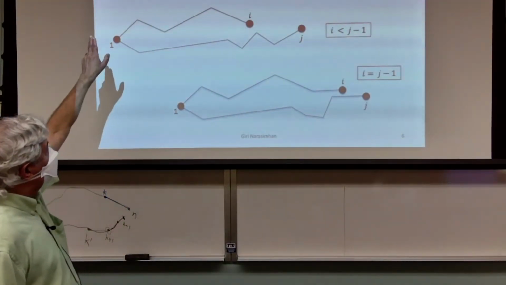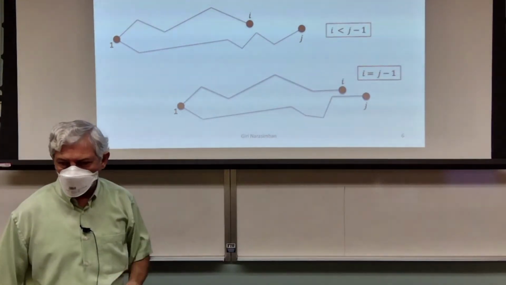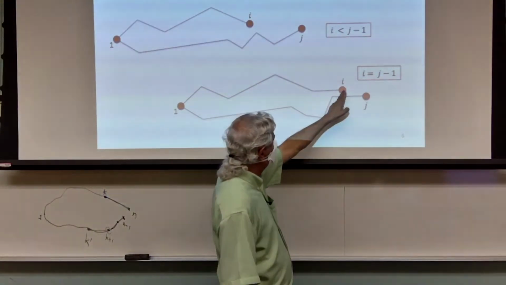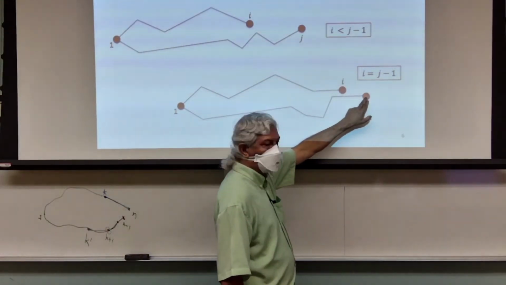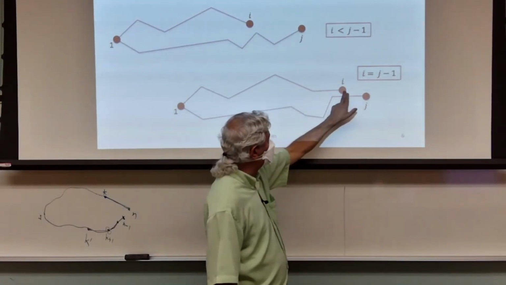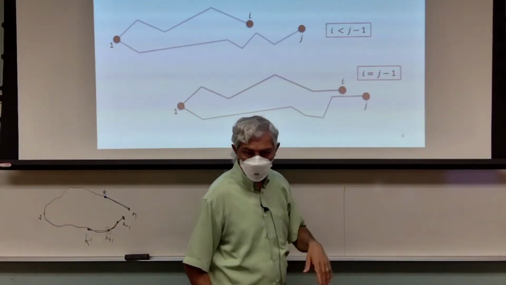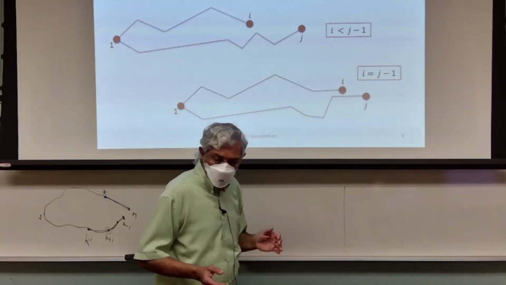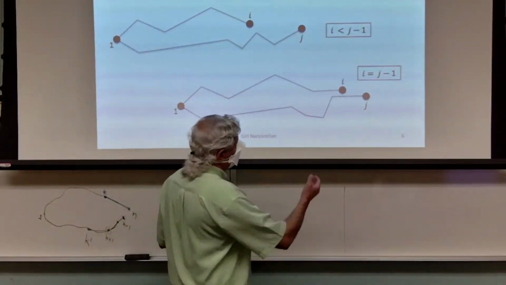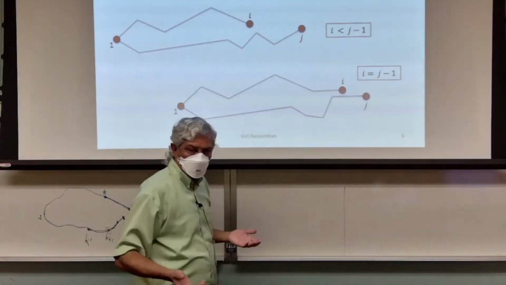But if i is not less than j minus 1, then I have a problem. Then it looks something like this. Then I just have to figure out where this guy is connected to. We know it's not connected to this because they're separate. Since I don't know which one, I have to try all these possibilities.